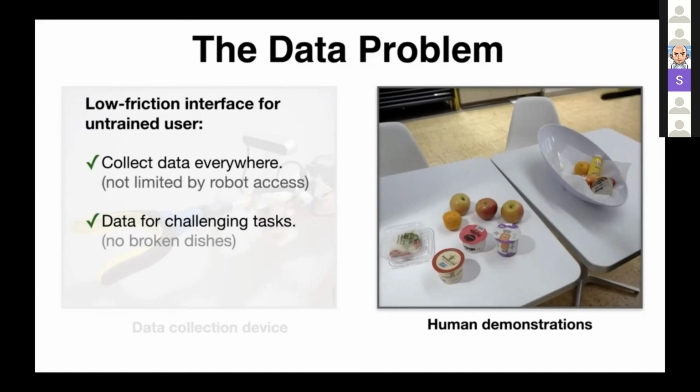And because it is a human controlling the gripper, we are able to collect data for very challenging tasks, such as loading dishes in a dishwasher, without worrying about the robot's failures that may lead to broken dishes, for example. And finally, since the gripper tool is designed to mimic the real-world robot end effector and sensor, the data collected here is much easier to transfer to a real robot.